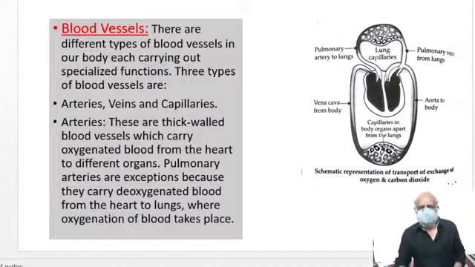Now the human circulatory system contains blood vessels and heart. We have to learn about these components. Blood vessels are arteries, veins, and capillaries.